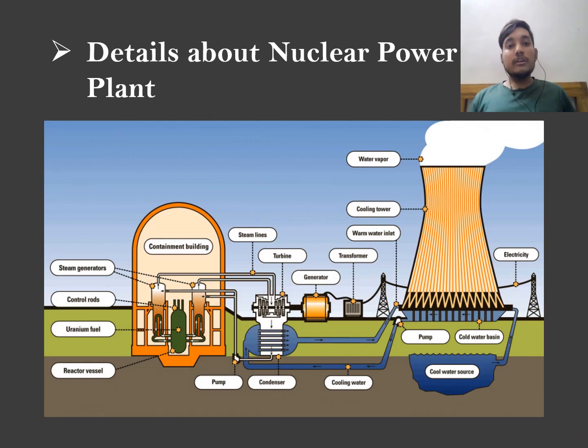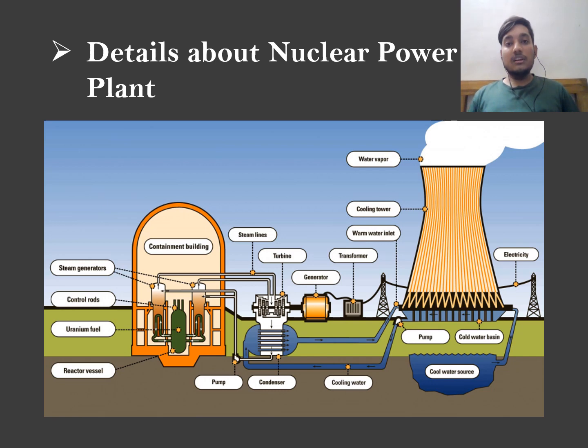Details about nuclear power plant. There are some basic terms. First one is nuclear fuel. The heart of a nuclear power plant is its reactor core, which contains nuclear fuel. The most common fuel used in a nuclear reactor is uranium-235, although some reactors use plutonium or thorium. Uranium fuel is typically in the form of ceramic pellets stacked inside metal fuel rods.